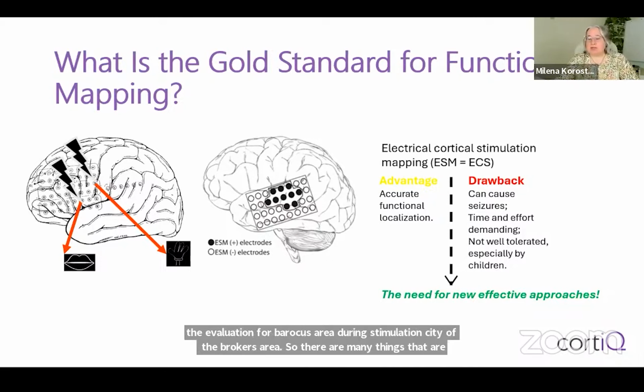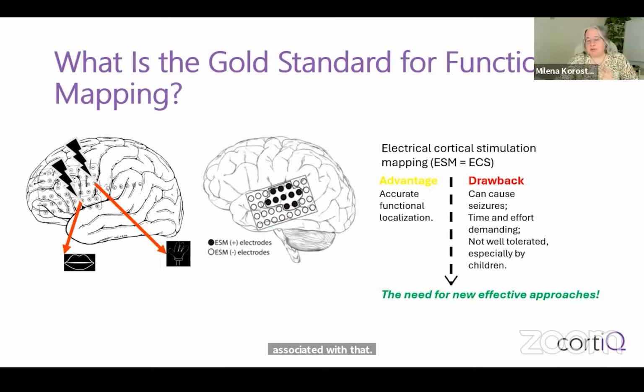And plus, the biggest drawback is that there are cases in which this stimulation produces seizures. Yes, it can produce seizures, and we had quite a few cases.